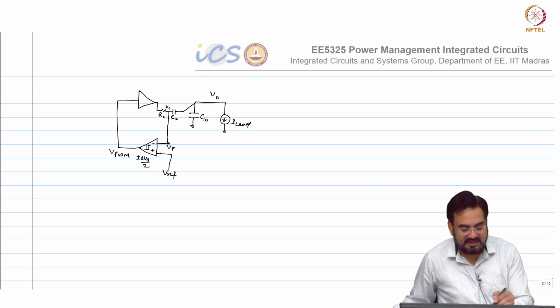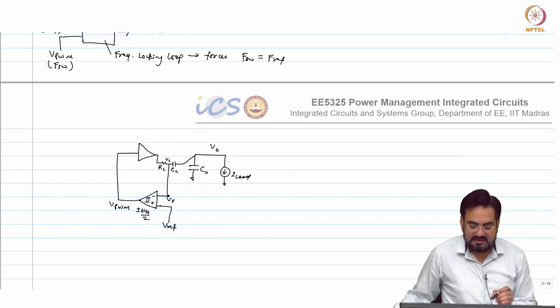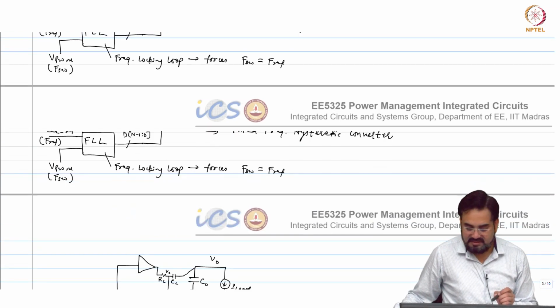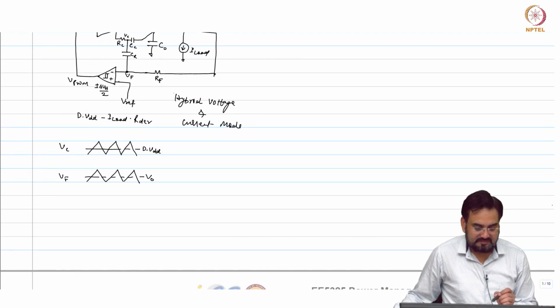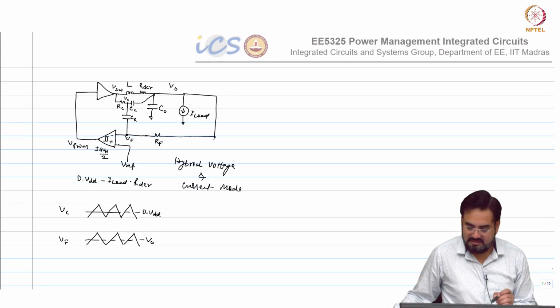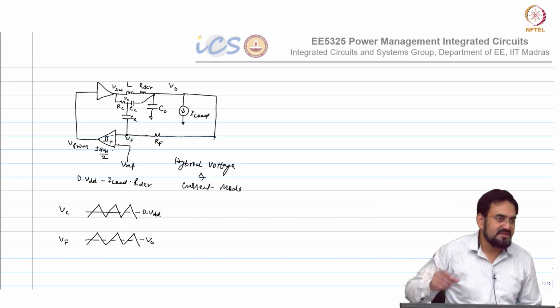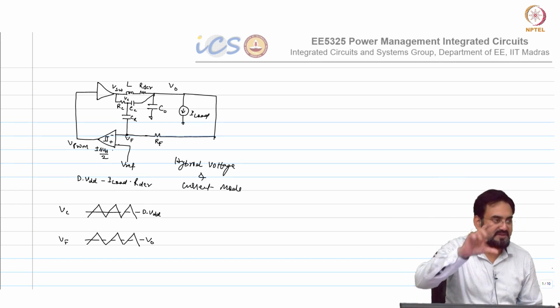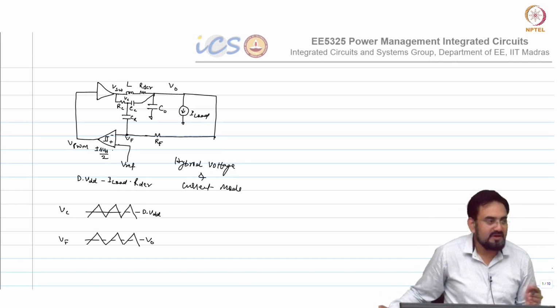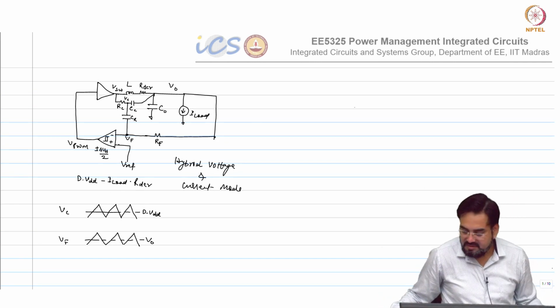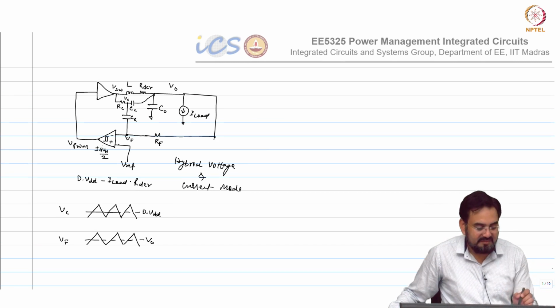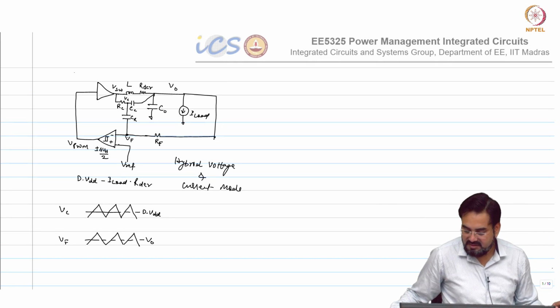Otherwise, if you consider that the ripple in the V out in this case is much smaller, so the ripple at the V out is much smaller compared to the delta VH, which is your peak to peak ripple, your ripple is limited within that window, then it should not affect your frequency. So, frequency will only be defined by your hysteretic window and RC time constant.